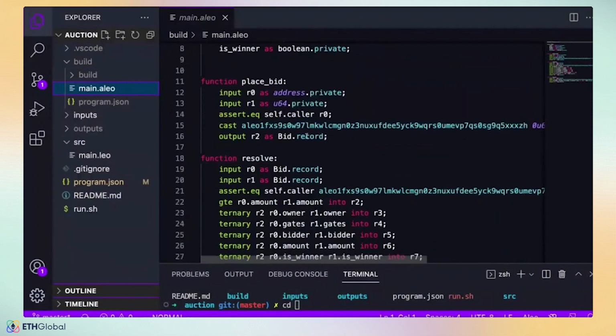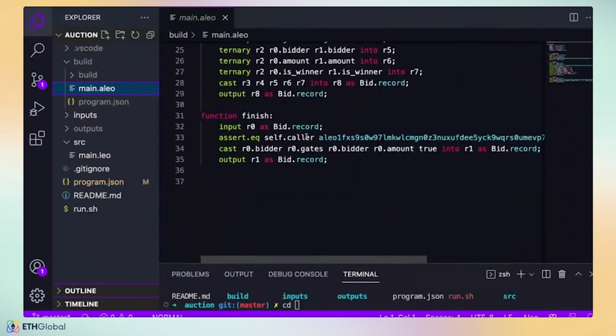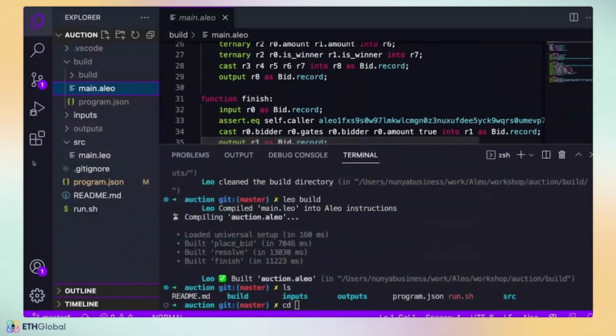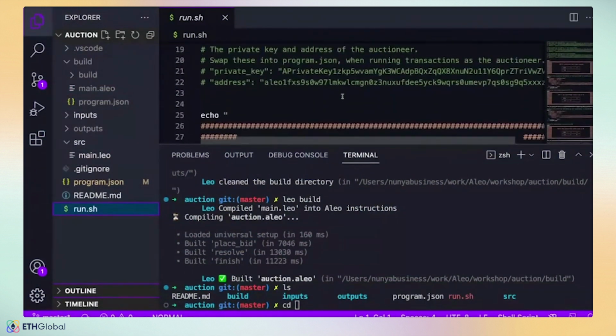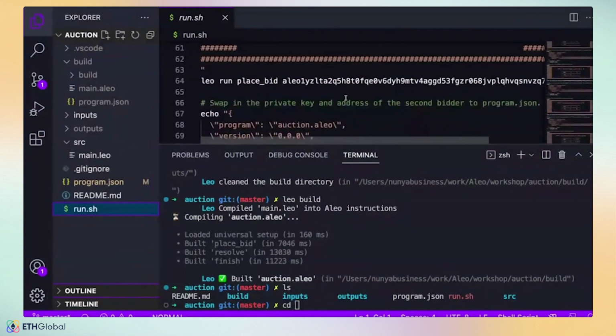There are some more resources out there, but this is effectively what the intermediate representation looks like. So we also have in our repo, just to make things a little bit easier, a script, run.sh, which effectively invokes Leo to just make running this program a little easier.